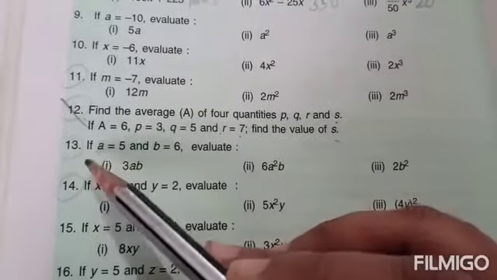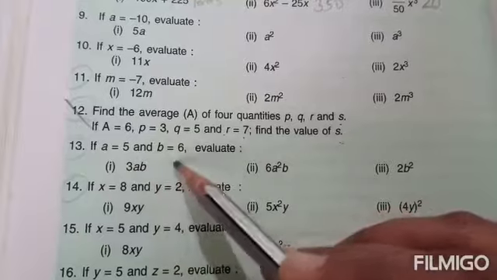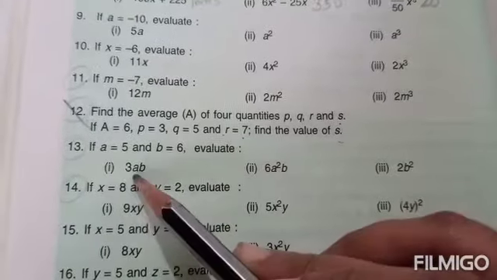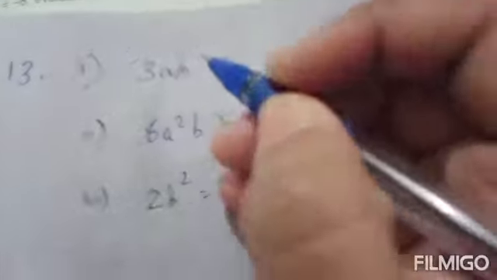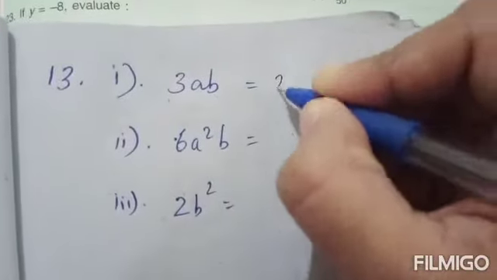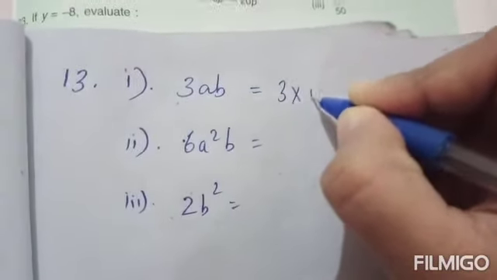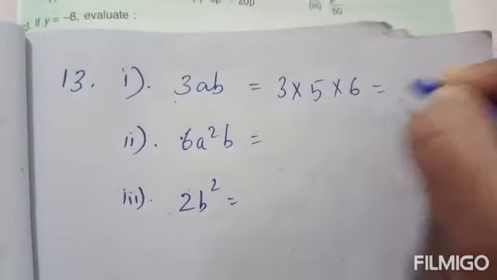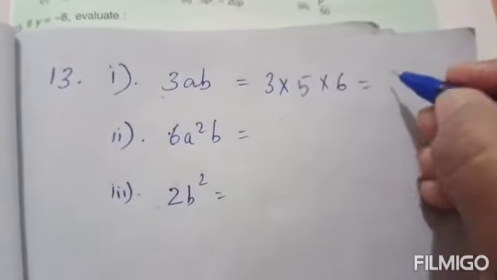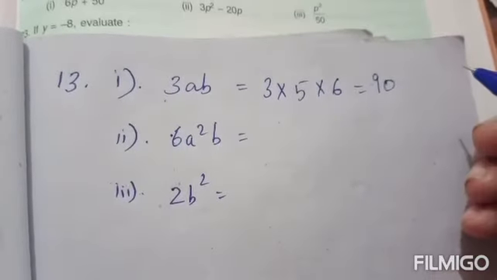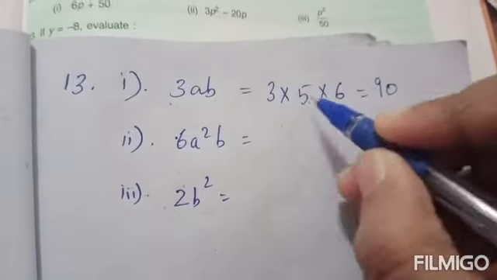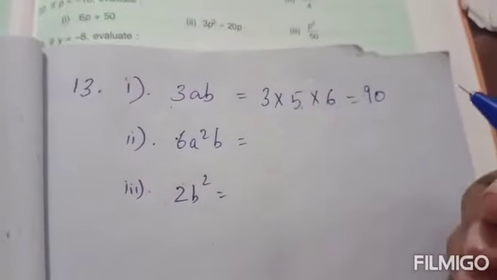Now 13th question, if a equal to 5 and b equal to 6, evaluate. First one, 3ab. So value of a and b is given, a equal to 5 and b equal to 6. So 3ab will become 3 into 5 into 6. So on solving you will get 90. 6 into 5, 30 into 3, 90 you will get.